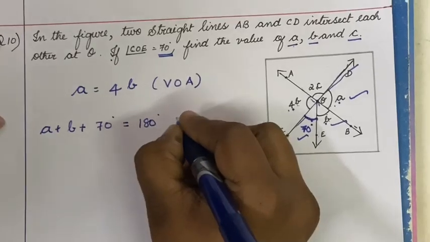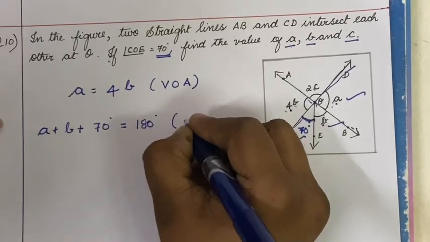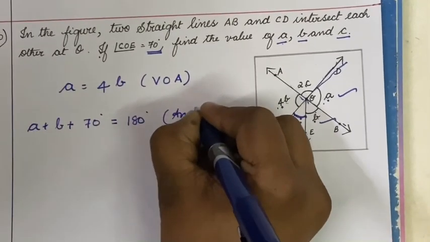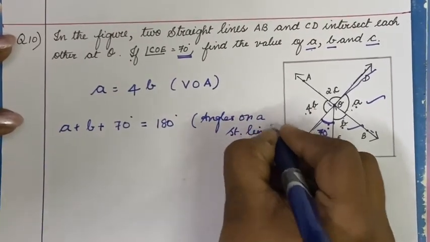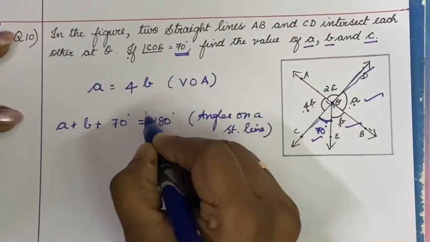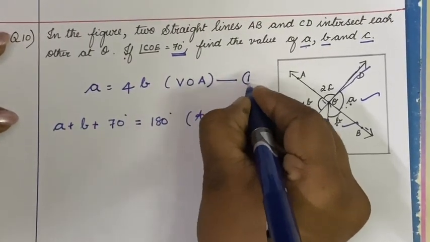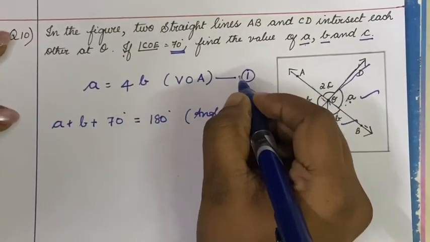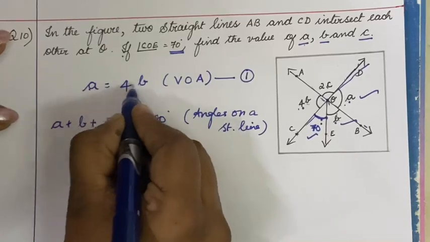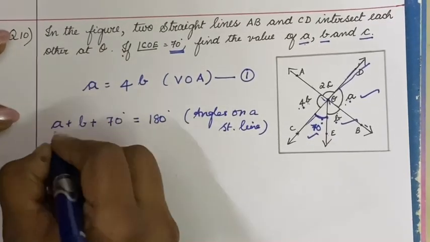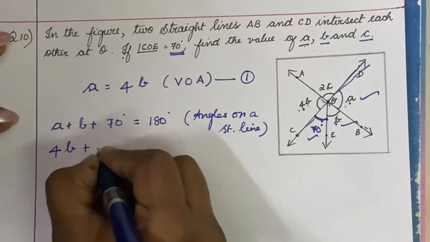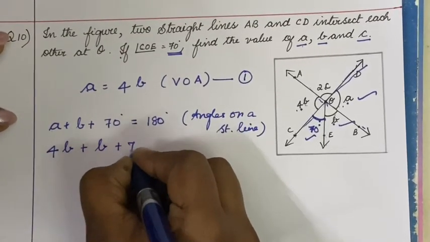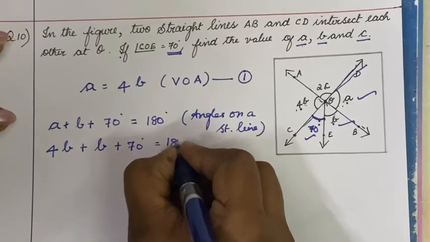The condition here is angles on a straight line. Call this equation 1. We are going to substitute 4B instead of A in this equation. So 4B plus B plus 70 degrees is equal to 180 degrees.